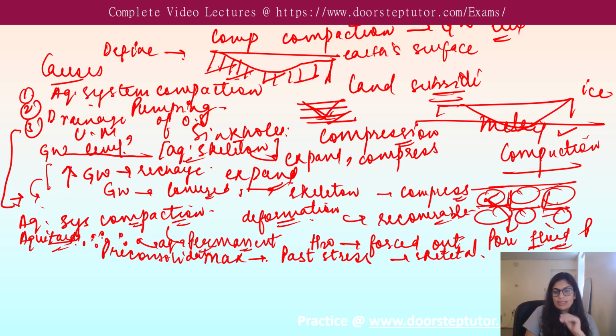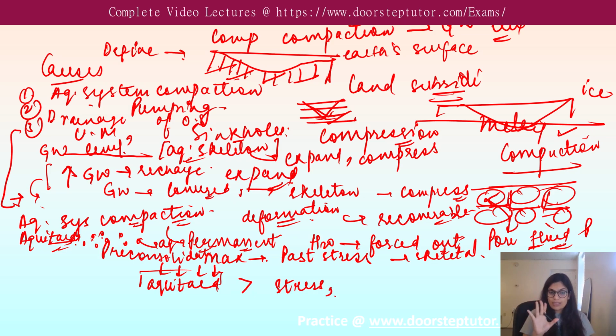Okay, and let's say you are having this aquitard skeleton over here, and whatever load is present over here exceeds this pre-consolidation stress. So what is going to happen? Just think, you are having an aquitard, and on that aquitard I am putting a lot of load.